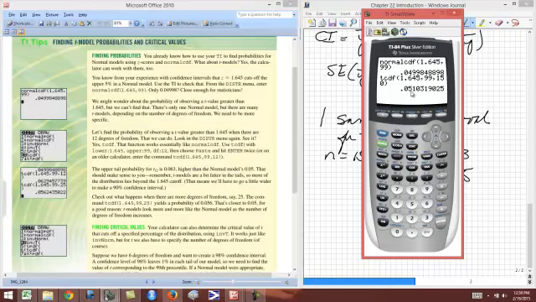It's 0.05, only off by a few thousandths of a percentage point. So pretty close, but it's not the same. Now let's make the sample size smaller. So I'll go to 100.